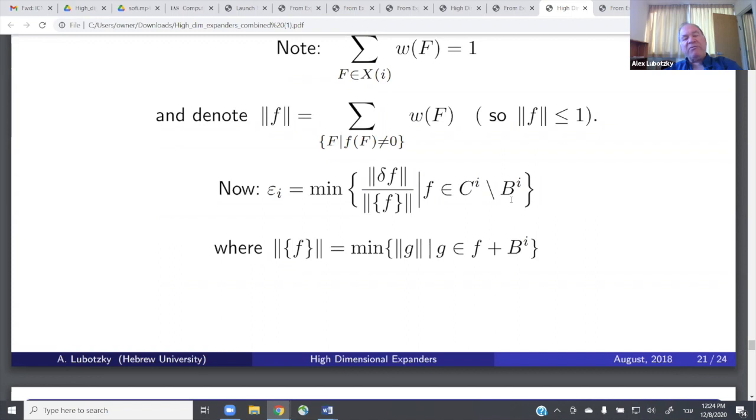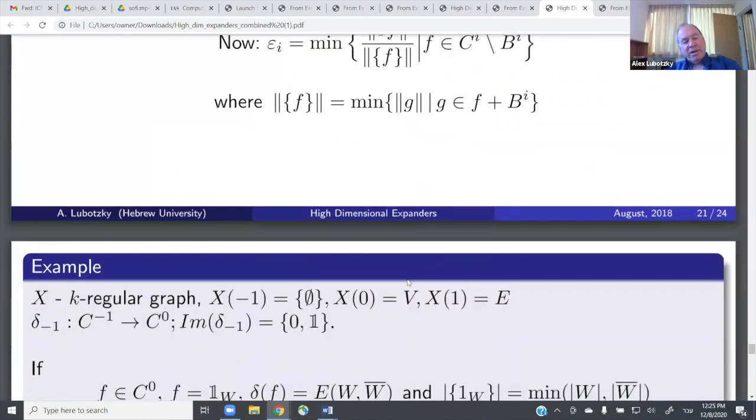I'm sure if you see this the first time in your life, you don't understand what I want from you. Let me just be formal and give you a definition. What does it mean, the norm of a coset? You take such an F. BI is a subspace. You look at the coset F plus BI, and you take the minimum of the norm of G over that coset.